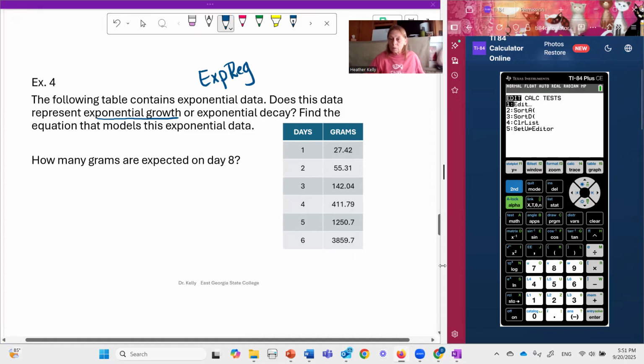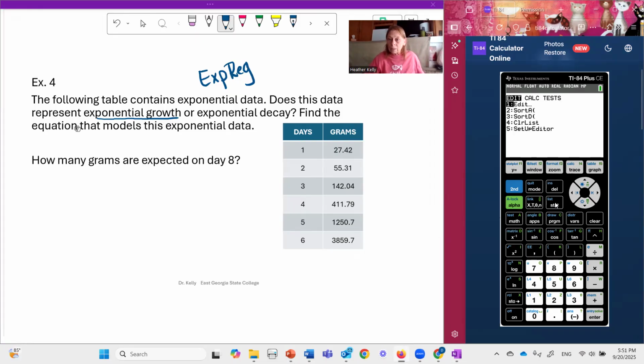Let's get here to the stats. Enter. And we'll put in 1, 2, 3, 4, 5, 6.